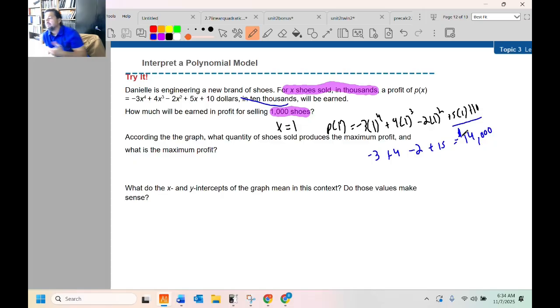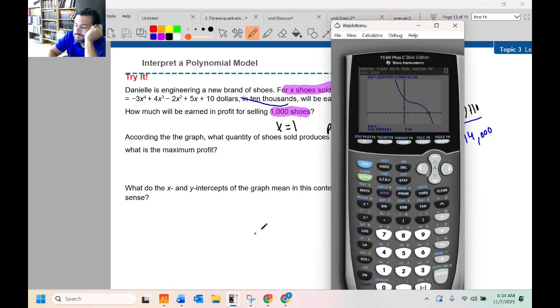Now, according to the graph, graphing this polynomial by hand is by and large out of the scope of Algebra 2, so we just cheat with the TI-84. Now, we are going to be learning behaviors of graphs. There's a lot of stuff about graphs that you learn. When you learn how to freehand most graphs, they're not meant to be perfect.